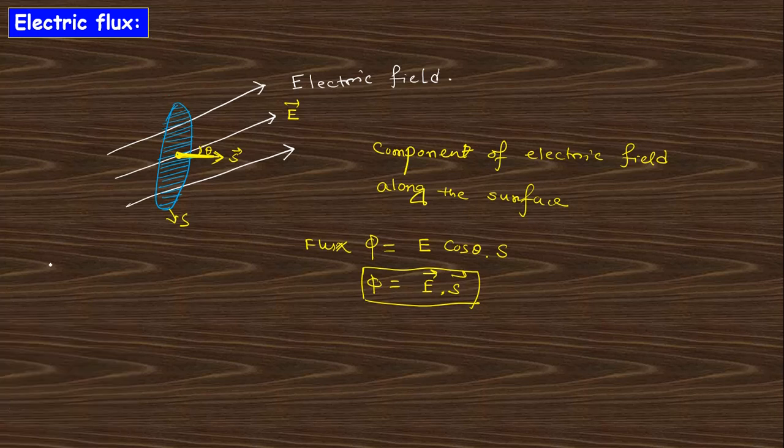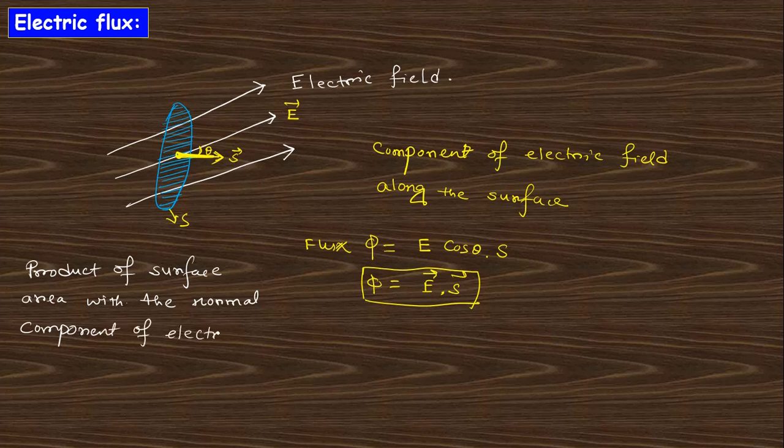So flux is defined as the product of electric field and surface area, with the normal component of electric field which passes through this surface, and this is known as the electric flux.